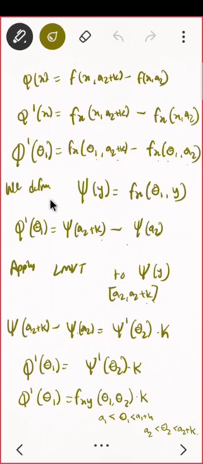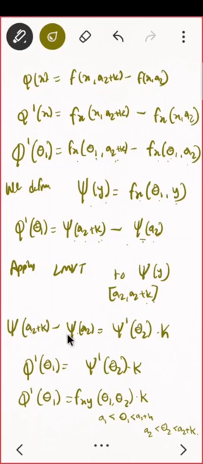Now look at this, that is fx of theta 1, e2 plus k here, and theta 1 comma e2 here. So this is again e2 and e2 plus k. So I just want to use LMVT again. Let us define a new function, psi of y, that is f of theta 1 comma y. So phi dash of theta 1 can be written in terms of psi. Now you see psi of e2 plus k minus psi of e2, I can apply LMVT to this psi of y.